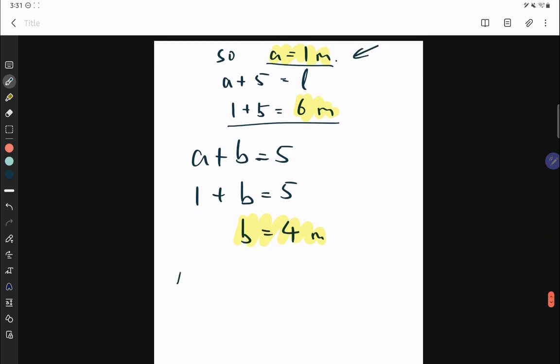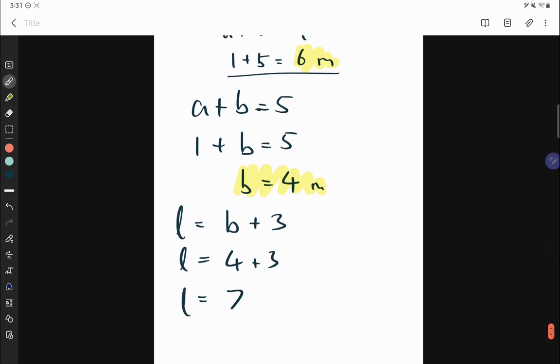The length for plot number 2 is, as we have said before, B plus 4. Wait, no, not 4, sorry. 3 more. It's 3 meters more than the width. Which comes out to 4 plus 3, which is 7 meters.